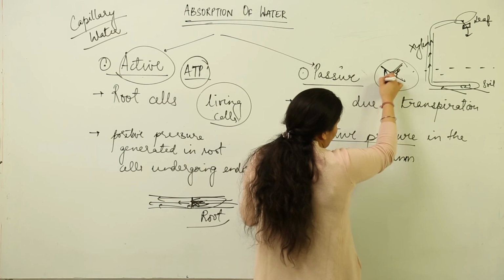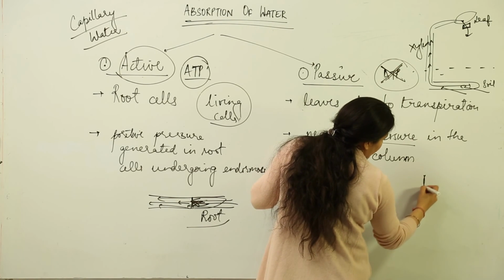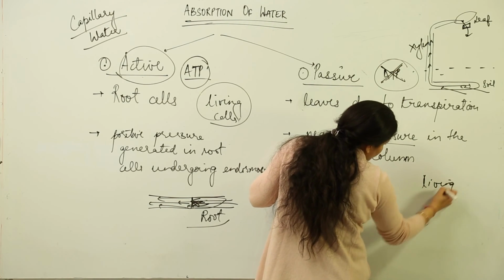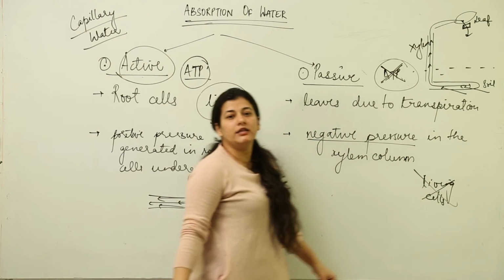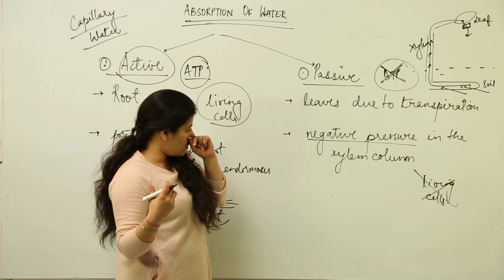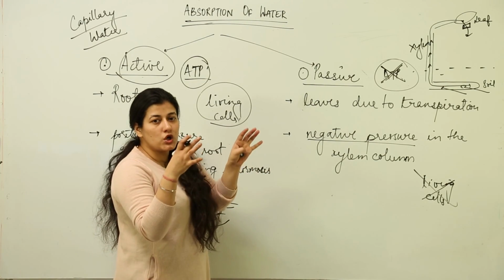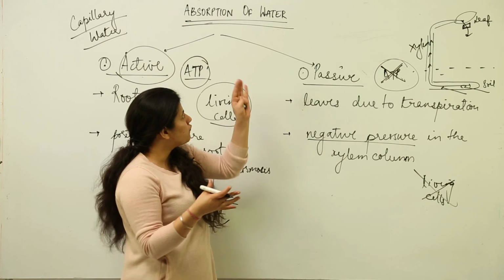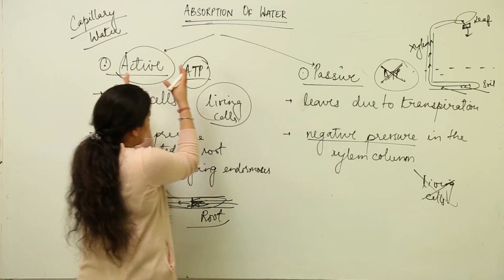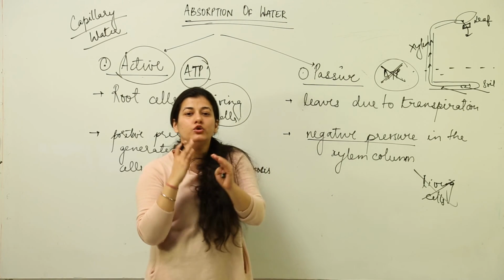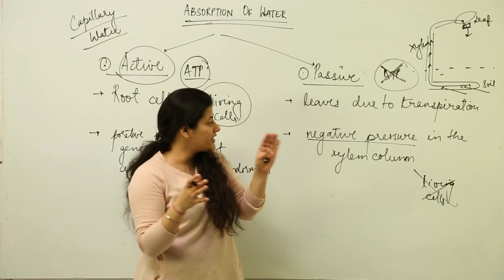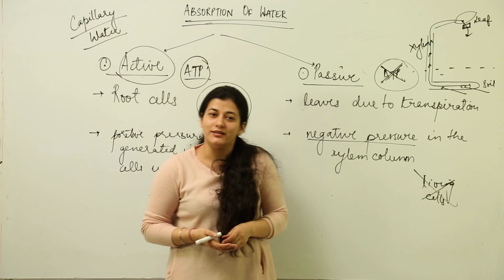It does not require ATP, so it can very well take place without involvement of living cells. But it does take place with the involvement of living cells also. So the absorption of water inside the plant is both active and passive at the same time. We have two different pathways present inside the plant that we are going to study in the next lesson.